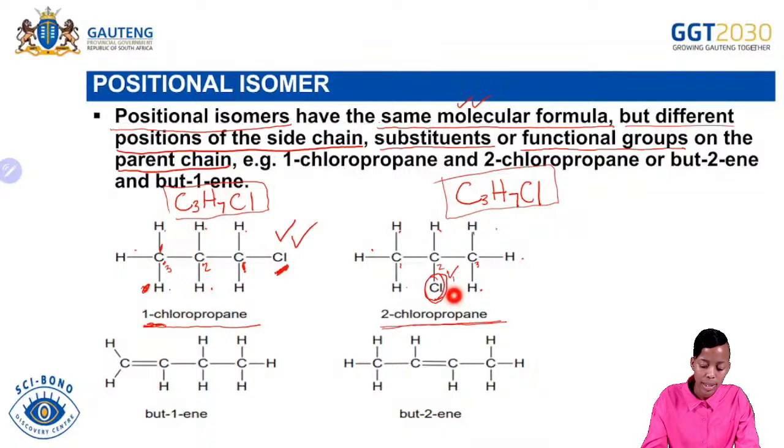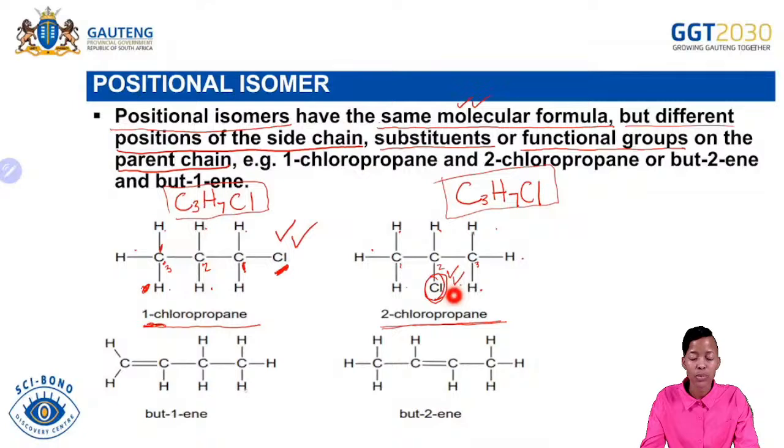With the second one, the chlorine is on position number 2. So according to the definition, you have the same molecular formula, but you change the position of the chlorine from position number 1 to position number 2.